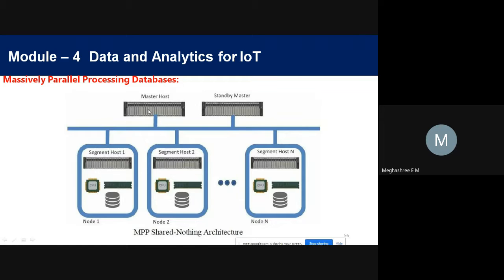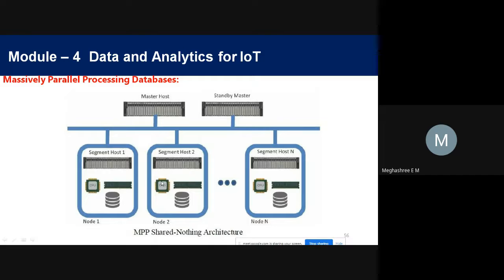And here you can see in the image, a single master node is there, right? This master host or master node is responsible for coordination of all the data storage and processing across the cluster. So it is responsible for the coordination and working of the nodes present in this cluster.